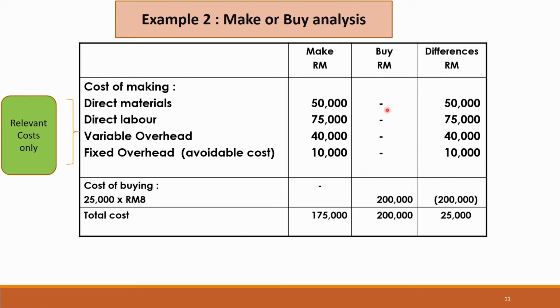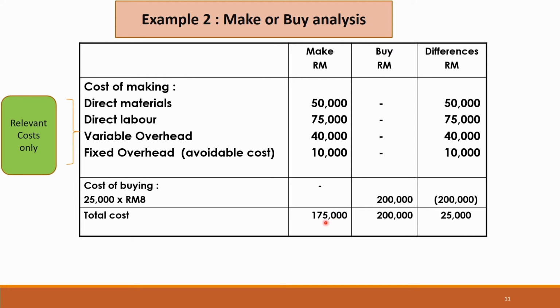So these components are relevant costs. When we purchase or buy the component from an outsider, these 4 items can be avoided or eliminated. So the total cost for making is 175,000.